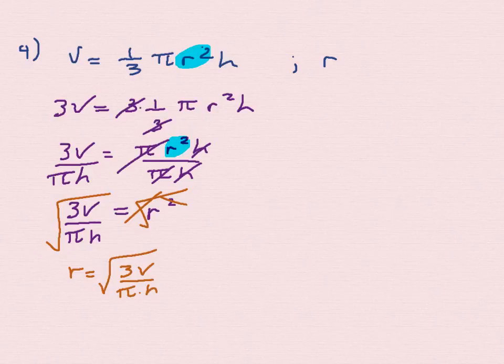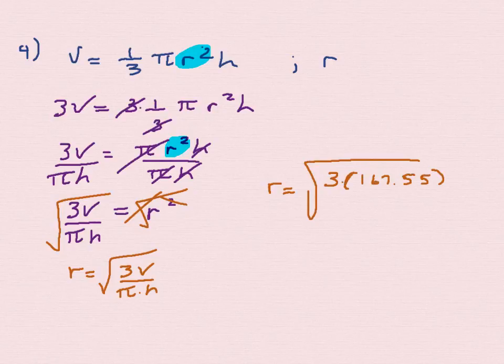In the question in your booklet, for following along, you now need to find the radius if you know that the volume is going to equal 167.55. Write this formula properly. 3 times 167.55.